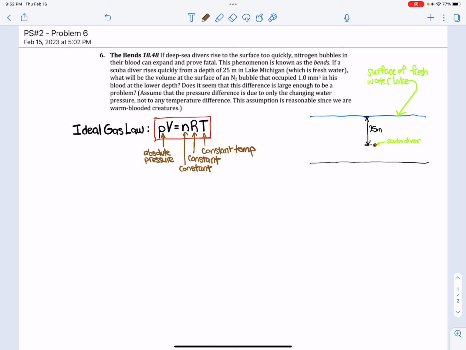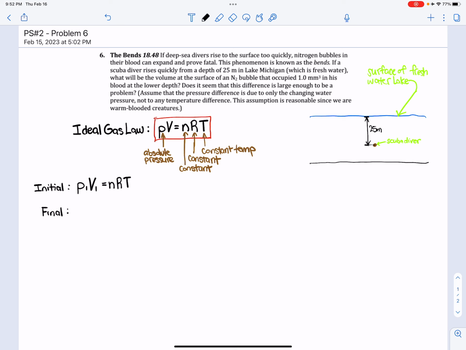Given that, let's mark some stuff. So initial scenario versus final scenario. Initial would be P1, my initial pressure, times V1, which is given right here, is equal to nRT.